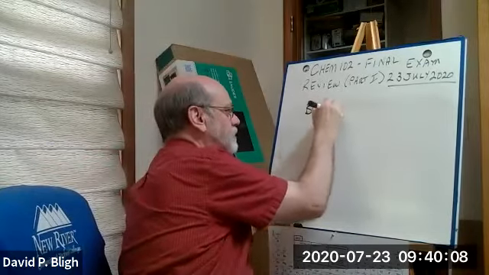Boric acid. Let's see. Hydrogen borate. I think that's boric acid. Ka equals 5.4 times 10 to the -10. And one more. Acetic acid. You can't leave acetic acid out.